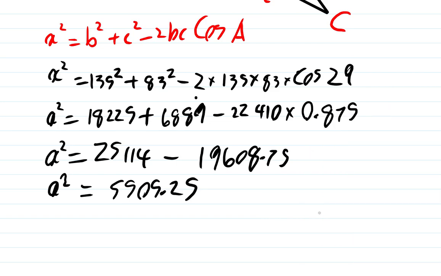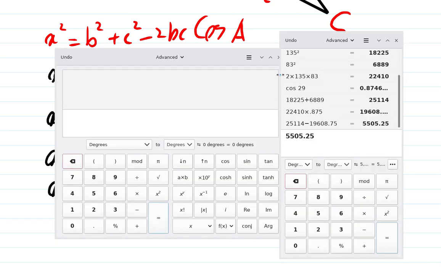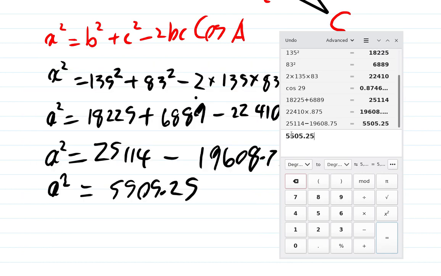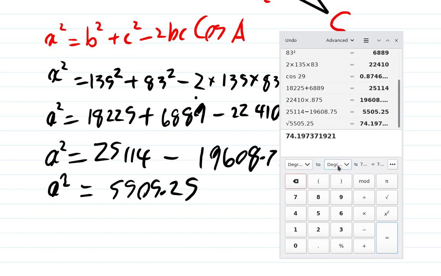Remember this is the square of A, so to get A you square root it, and you have 74 point, or call it 74.2.